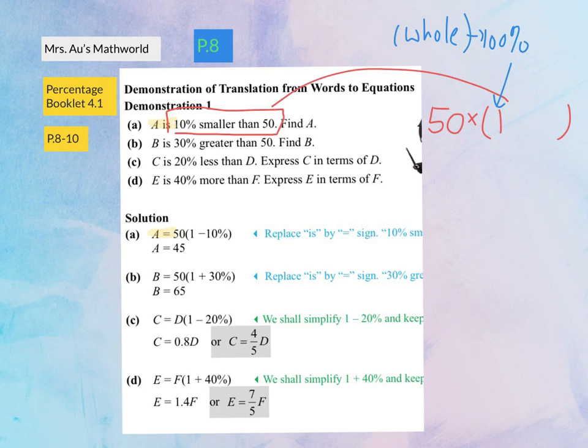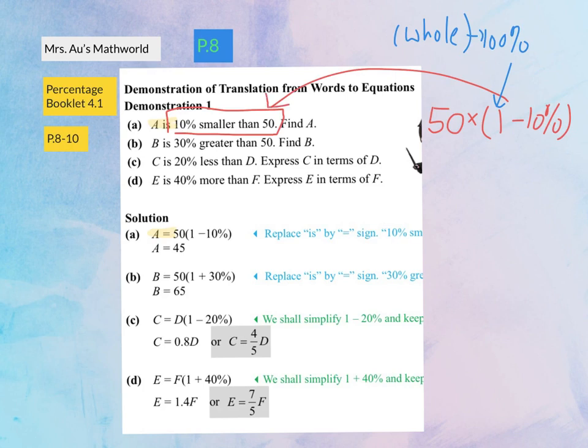Then it is 10% smaller, and the 10% must be of the 50. So it means it is 90% of 50. This is the right hand side. Then we can form an equation and just calculate 50 times 1 minus 10%. So this is part A.